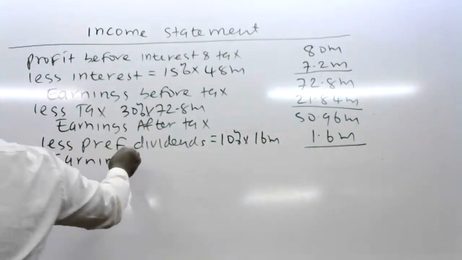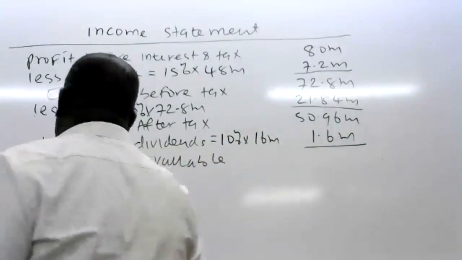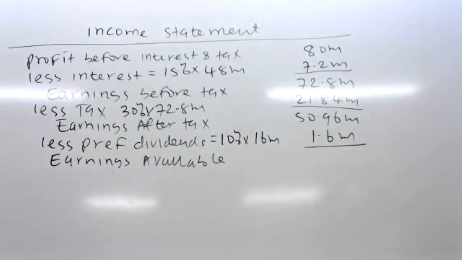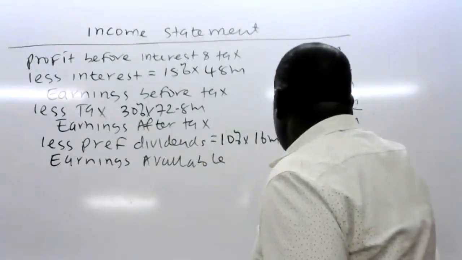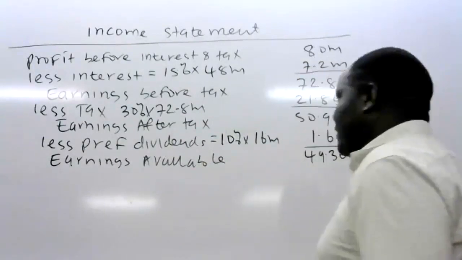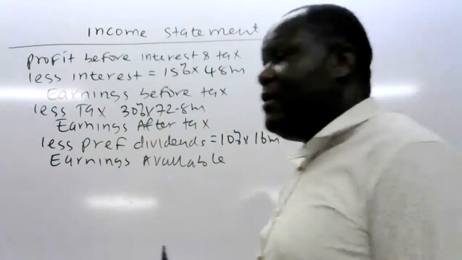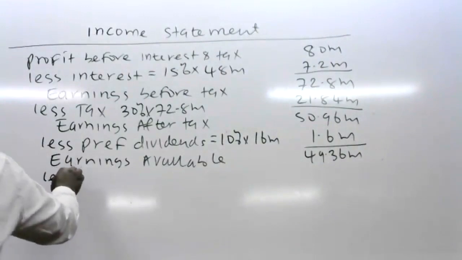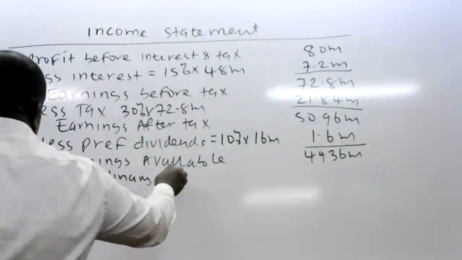So that we now get the earnings available. We come up with 49.36 millions. Then after getting the earnings available, we now less the ordinary dividends.